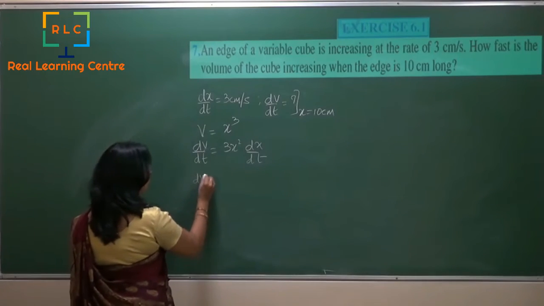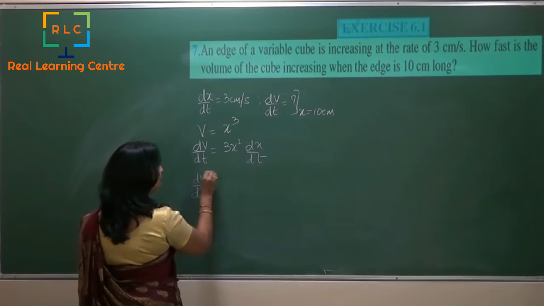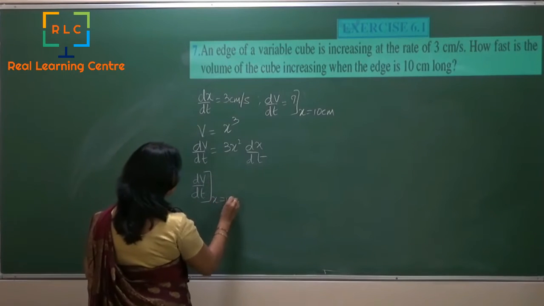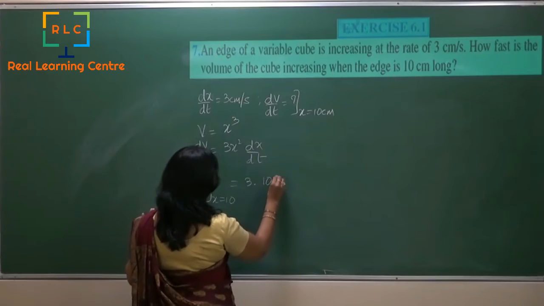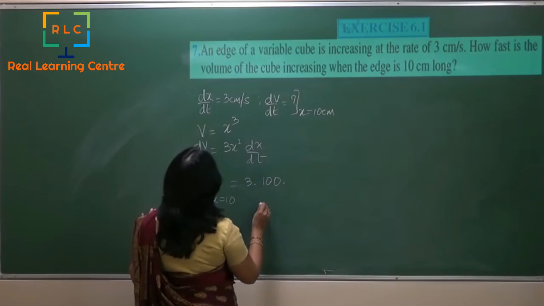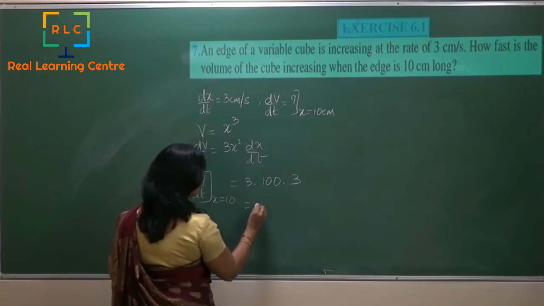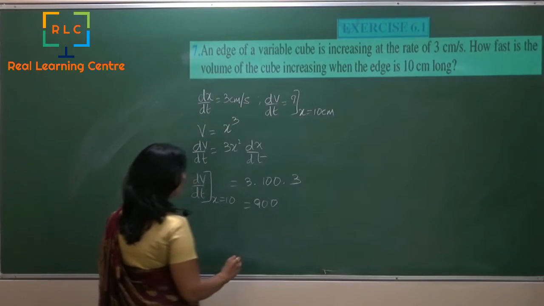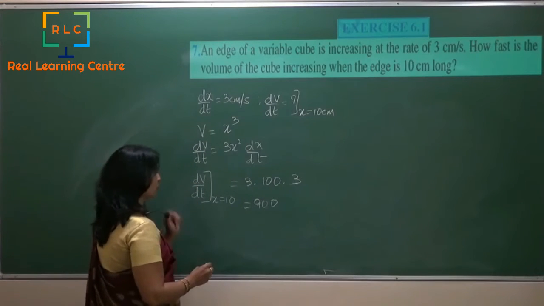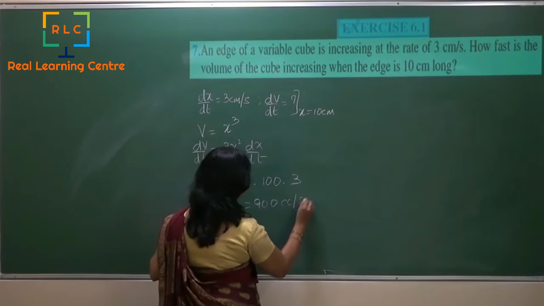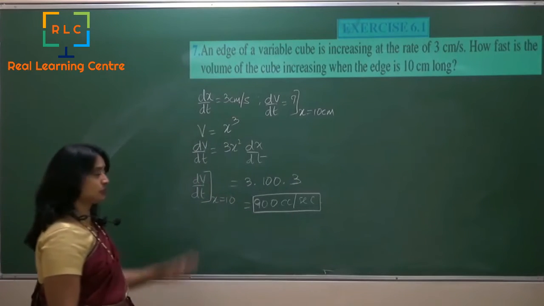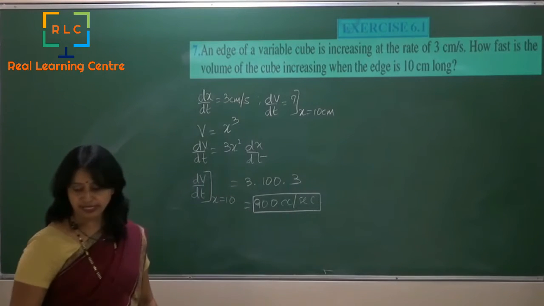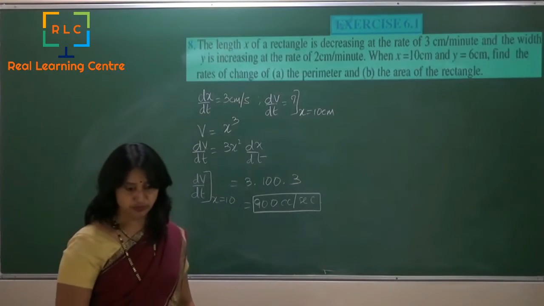I'll write dV by dt at x equal to 10 is equal to 3 into 10 square, that is 100, and dx by dt is 3, so we get 900. What is the unit? It is volume, so it is cc per second, or centimeter cube per second. So it's only so much, it's very simple. And I guess we finished with the cube, and we go to the next one.